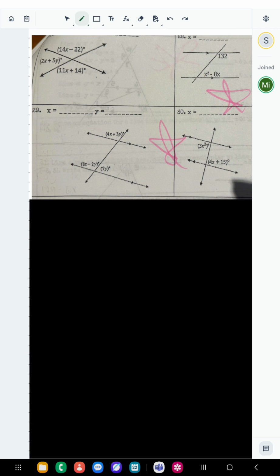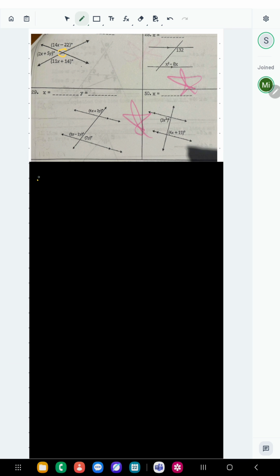Vertical angles. So this angle here is equal to this. So we can just equate them. That is 14x minus 22 equals 11x plus 14. And then we can solve this algebraically. We add 22 to both sides.